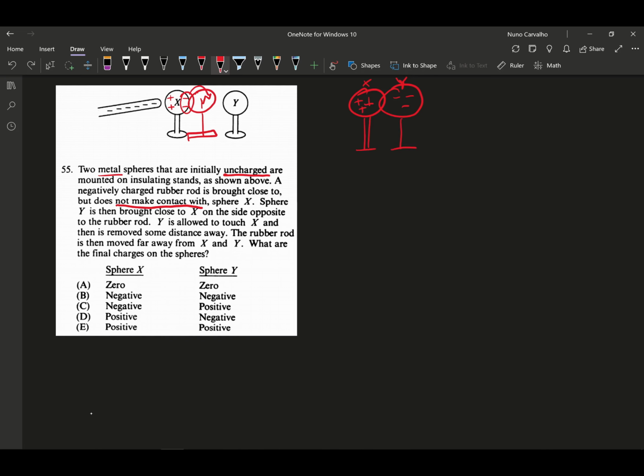And then when we move the Y away, the negative charges will still be built up on the Y, and the positive charges will be built up on the X, which is to say that X is going to be positive, Y is going to be negative.